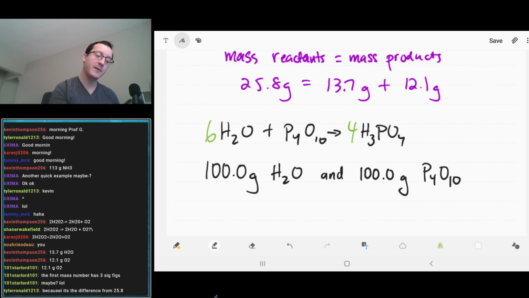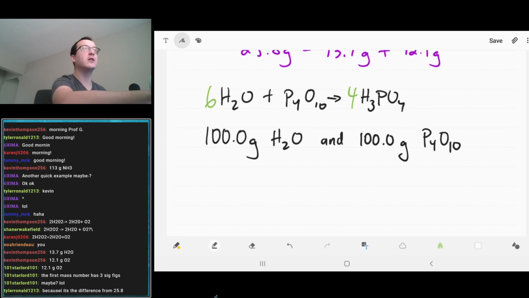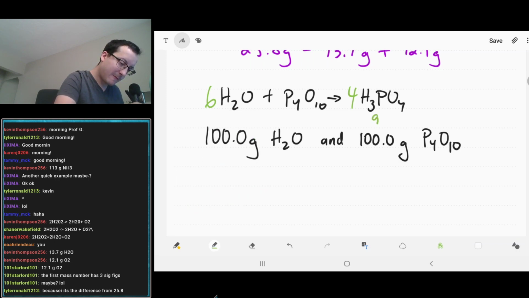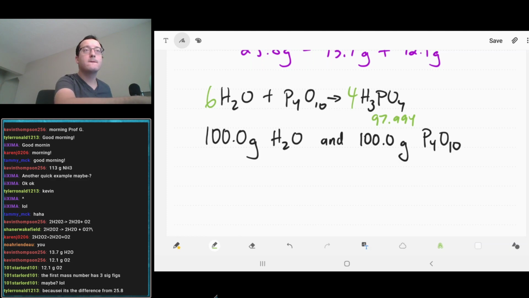So, let's see how much phosphoric acid we can get. Okay, I'm going to calculate these molar masses real quick. Phosphoric acid: 97.994, and P4O10 is going to be 283.9.